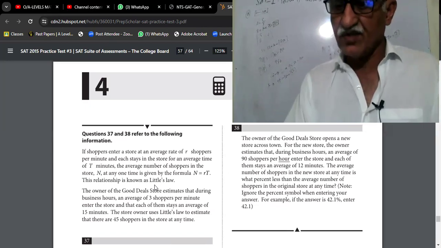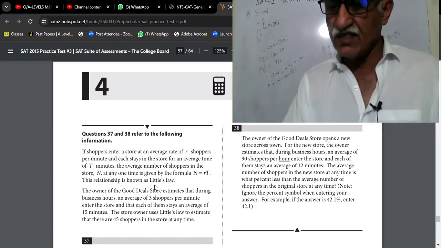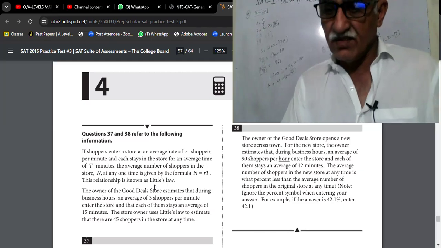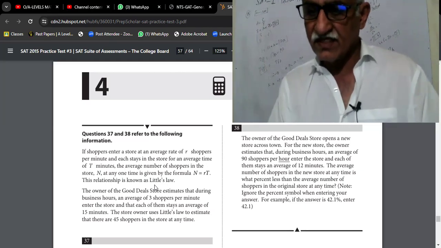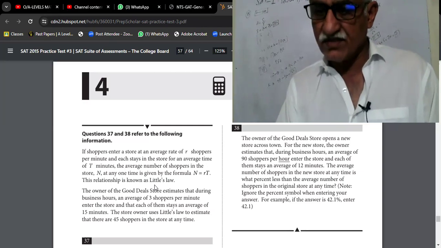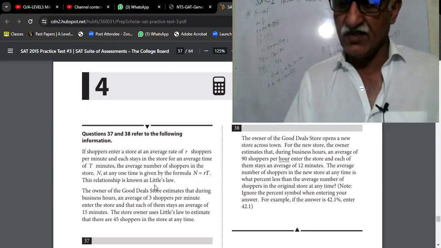The average number of shoppers in the new store at any time is what percentage less than the average number of shoppers in the original store at any time?